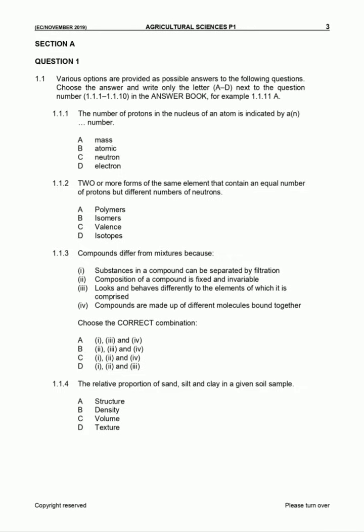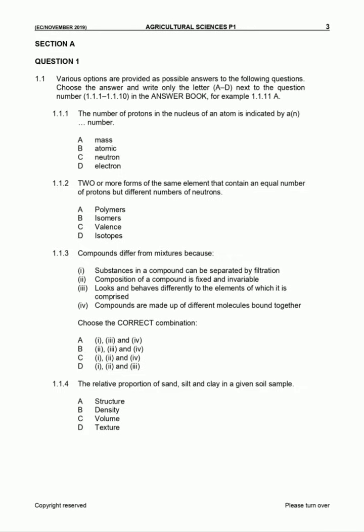The last one I can select is that compounds are made up of different molecules bound together. Because remember, now we're talking about elements. So for me, I would choose the letter B, but it's up to you. Okay, let's continue.